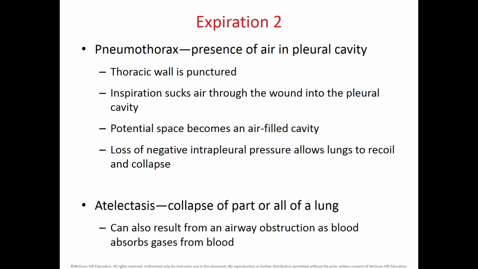And during inspiration, you'll have sucking of air through the wound into the pleural cavity, and your potential space will become air-filled instead of fluid-filled. And you will lose the negative pressure that you had, the -5 that you have within the pleural cavity, and then that will prevent the recoiling of the lungs, and your lungs will collapse.